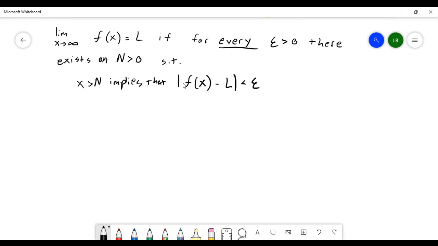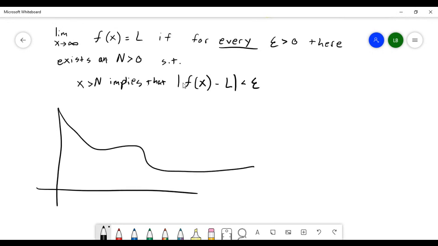And really all this is saying is that when x is very large, bigger than n, let's say we've got a function, and it has some limit L that's represented by this dashed line.